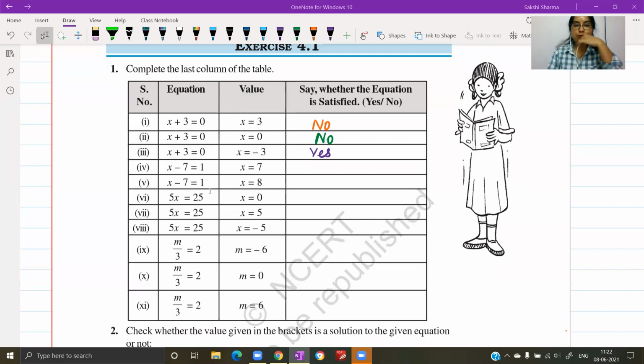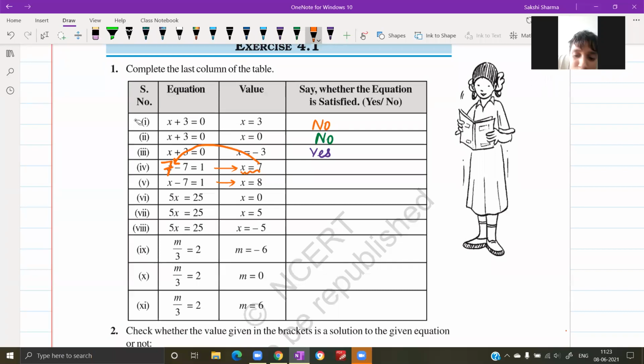All right. Now, fourth part and fifth part. These are the same equations. And we have two options. If x is 7, I'm trying with the first option, taking x as 7. अगर मैं x की जगह पे 7 लिख दूं, is the statement true?